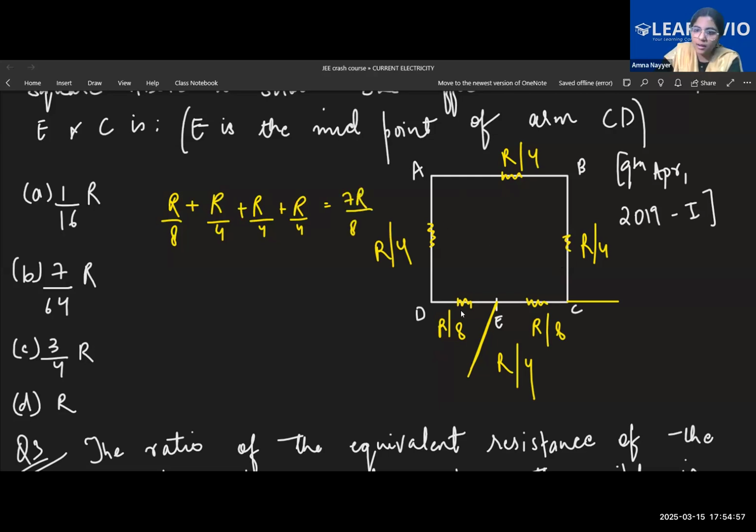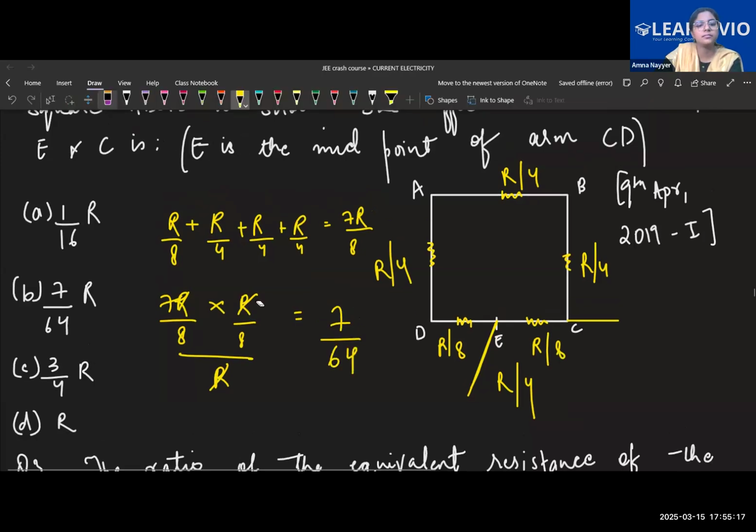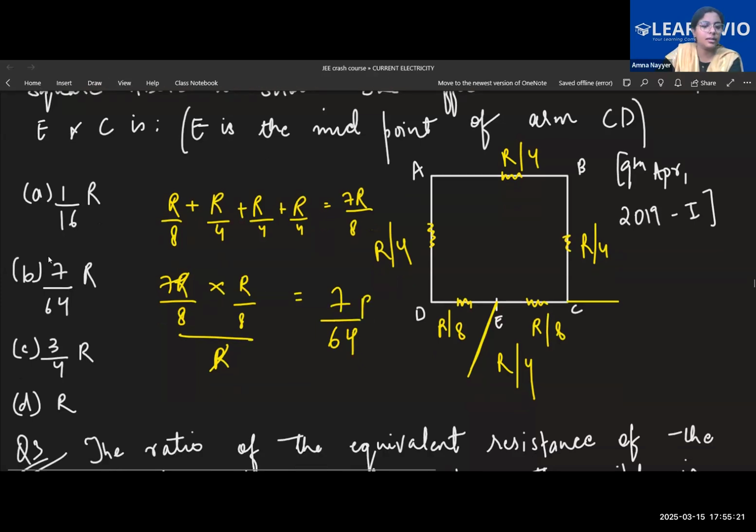Now 7R by 8 and R by 8 are connected in parallel. So 7R by 8 into R by 8 divided by 7R by 8 plus R by 8, that is R. So R gets cancelled, 7 by 64, and one R will remain. So the answer will be 7R by 16.